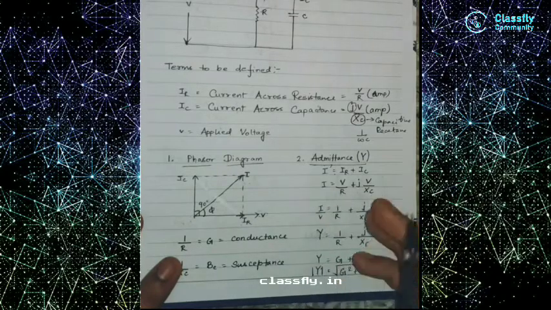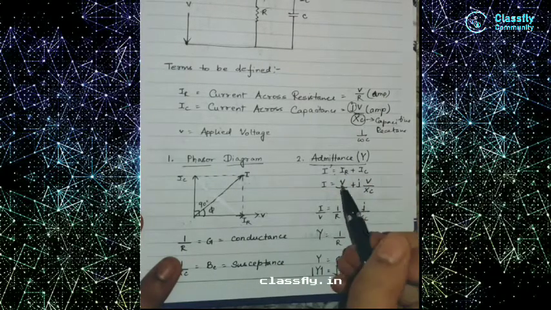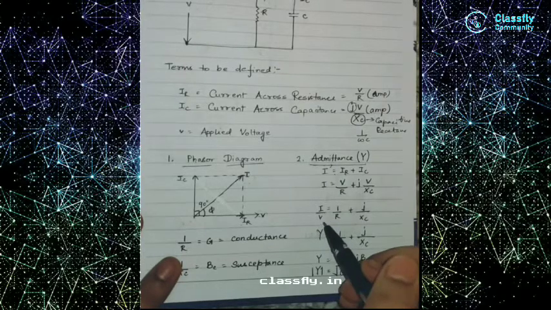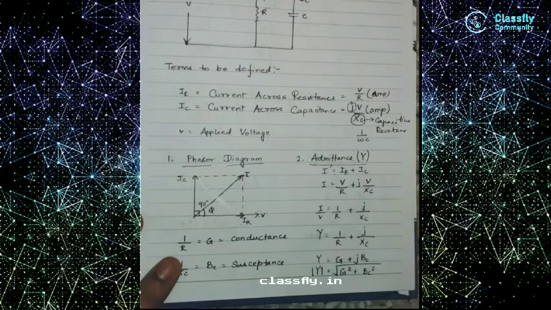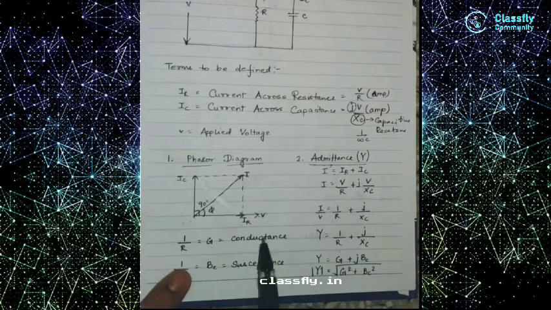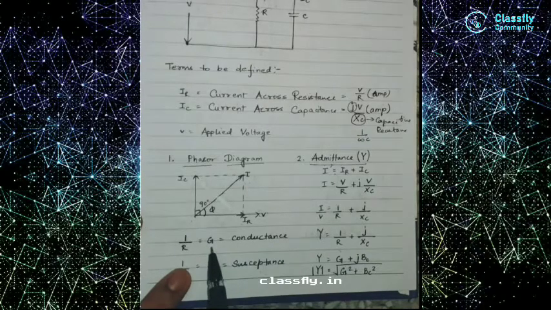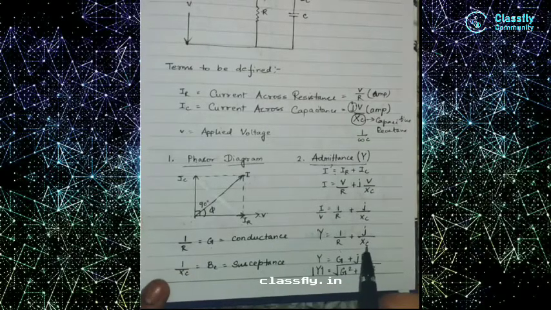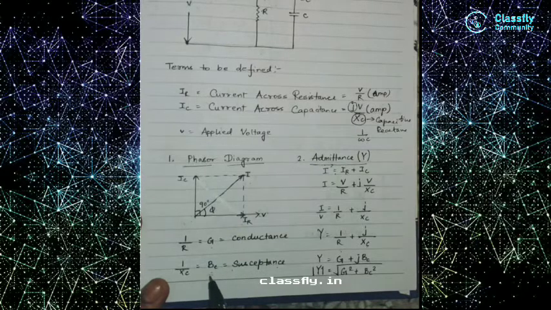When we take V common and bring it down to I by V, it becomes Y. That means I by V is our admittance, and we know that 1 by R is our conductance, and we represent it as G. Whereas 1 by XC is a susceptance, and we represent it as B, and as it is the capacitor susceptance, we will represent it as BC.